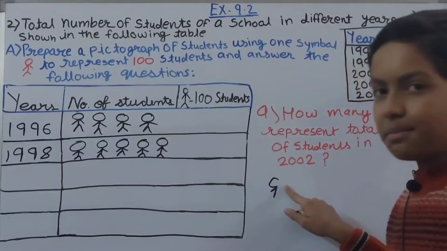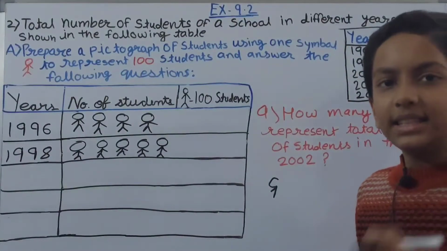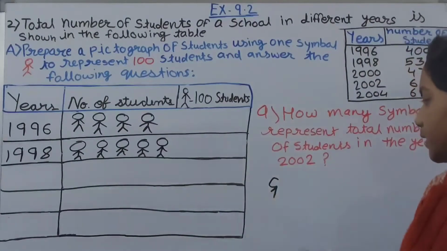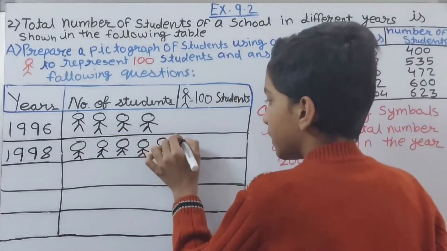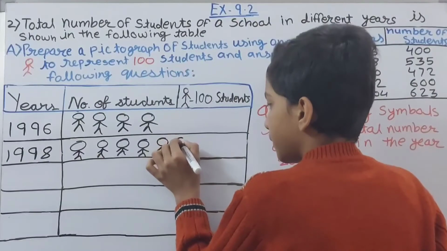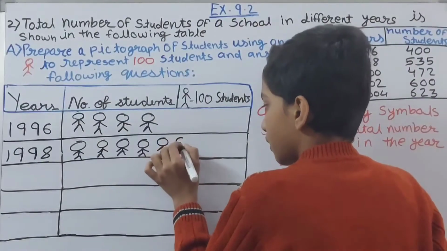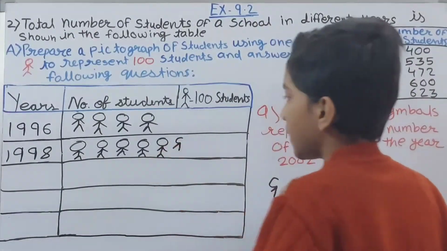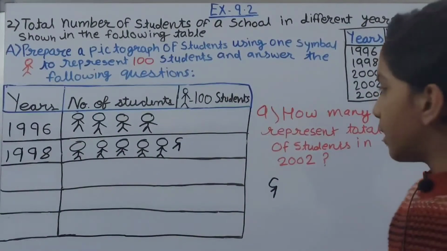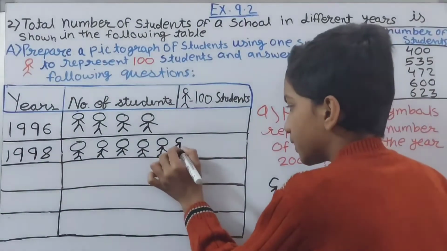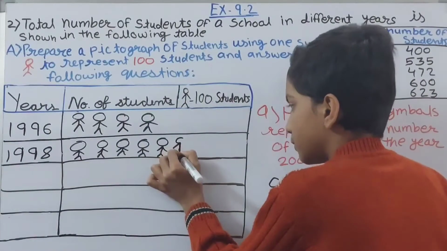That means this symbol must represent 35 students. So we will simply make this symbol over here. Now that means there are 535 students.